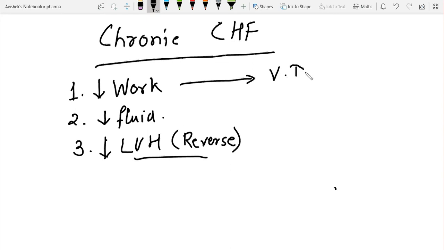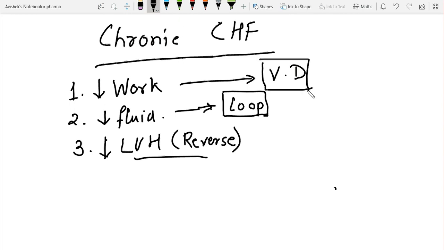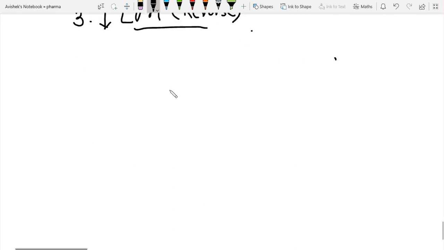So how can we decrease the work? By vasodilation, which will not allow a lot of fluid to go into the heart. And for fluid, we have already discussed, we can give loop diuretics. It is short acting. Already the patient is in hospital, so we can use loop. Vasodilation, how can we do vasodilation? Imagine this is the heart.